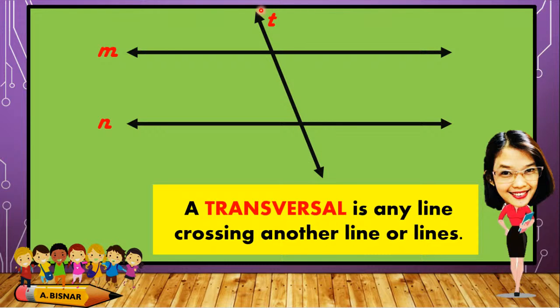The line that passes through, or the line crossing another line, is called a transversal line. Ibig sabihin, yung linya na dumadaan or nagcro-cross sa iba pang linya, ang tawag doon ay transversal line.